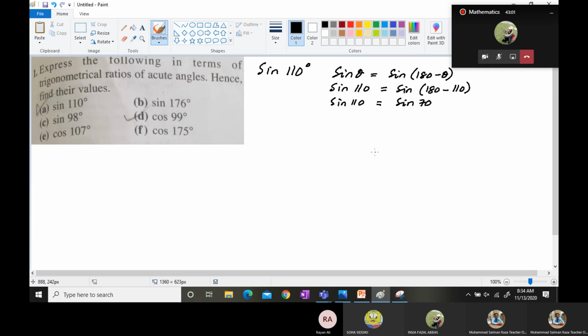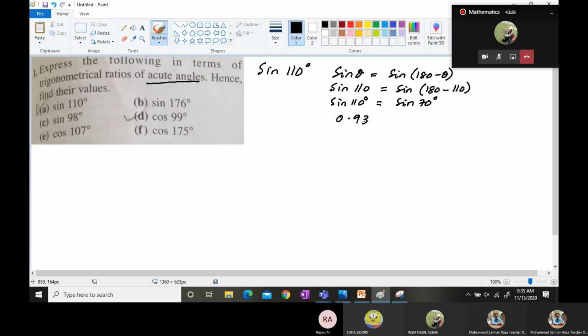What is the meaning of it? The thing is, they have asked us to find the acute angle, and we have found an acute angle over here. You can see. Now, when you put the value of sine 110 in your calculator and sine 70 in your calculator, you will be amazed to see that both of them have the same value.